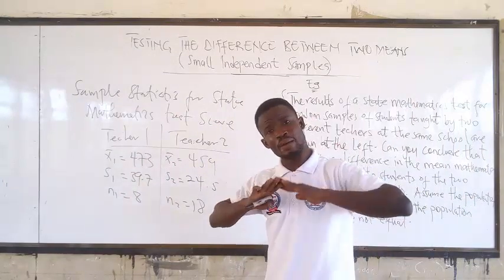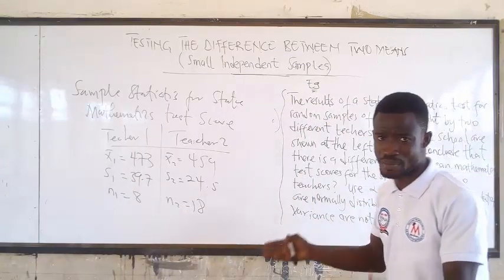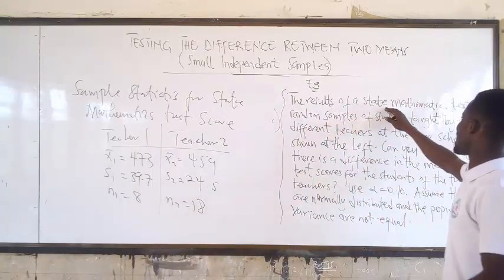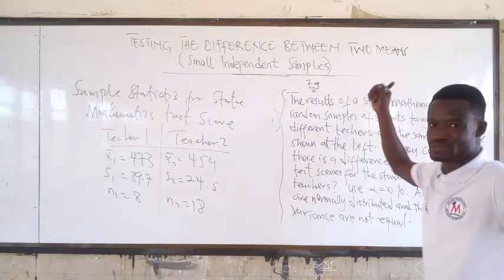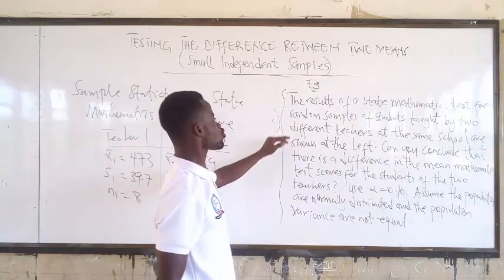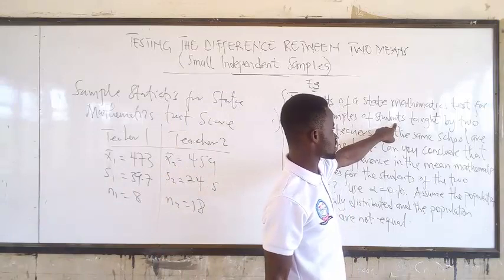So let me talk about the two means and what the means is about. The result of a state mathematics test for random samples of students.